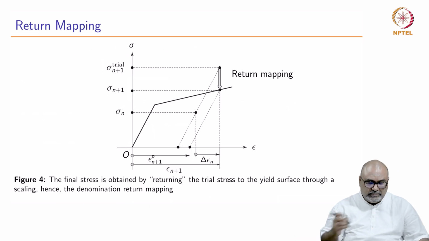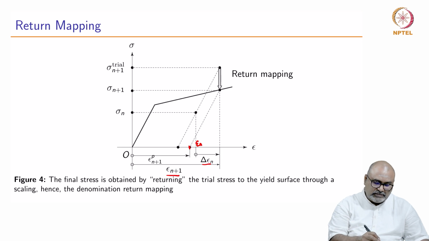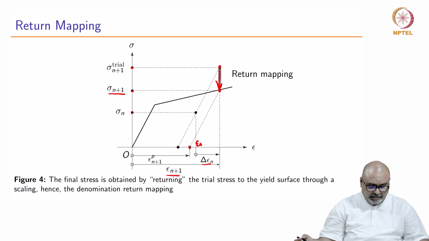Now, essentially what we are doing is that when we are moving from a trial state by taking epsilon n plus delta epsilon n, that will give you epsilon n plus 1. The stress is moving from sigma n to sigma n plus 1 trial, and by following a return mapping procedure we are bringing the stress state back onto the yield surface to define the correct value of sigma n plus 1.